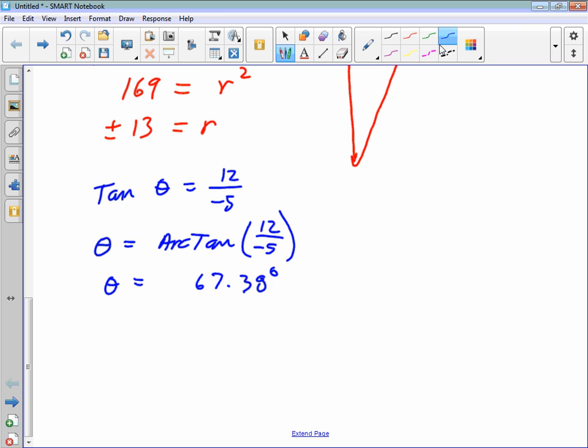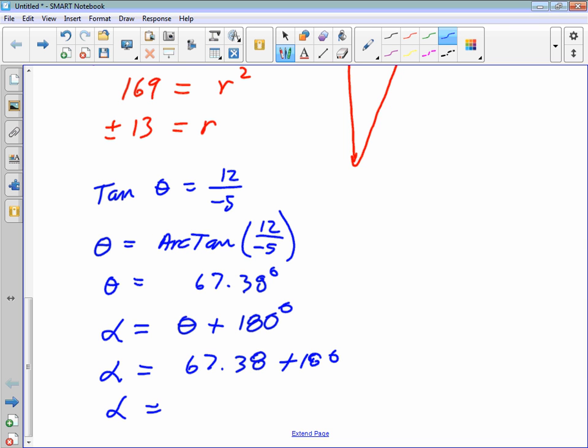Maybe I should have used something else instead of theta. I'll use a different one. I'll say alpha equals theta plus 180 degrees. So alpha equals 67.38 plus 180.